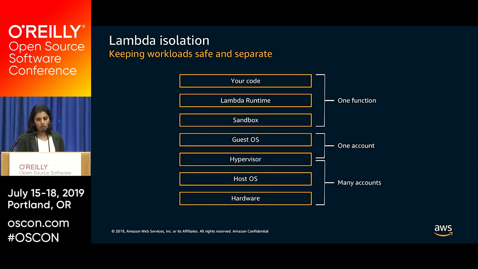To keep the workload safe and separate, code, runtime and sandbox are usually one function. So one function comprises the customer's code running in its runtime within one sandbox. We never share that sandbox with multiple accounts or multiple functions. And if you invoke the functions, they're always sequentially arranged in the same sandbox.